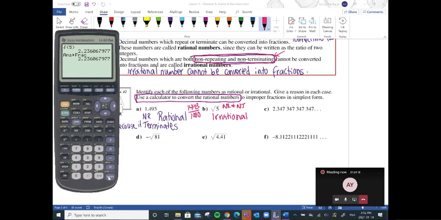Now even though the calculator stops showing you the number at 7 digits, in its memory it has the entire number logged in there. So it knows that this is non-terminating because it gave you that answer here. So it won't be able to turn it into a fraction. When that happens, it just gives you the exact same decimal back out. And you can then assume this is irrational because I can't write it as a fraction.